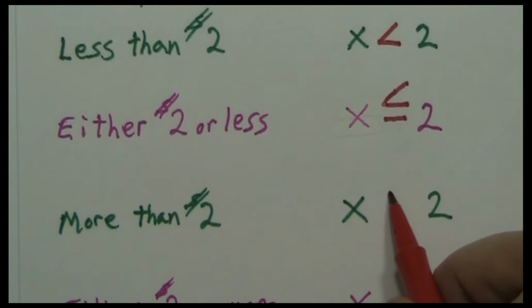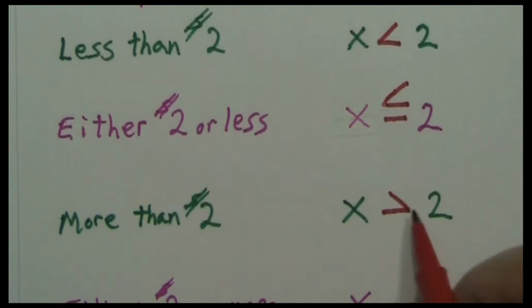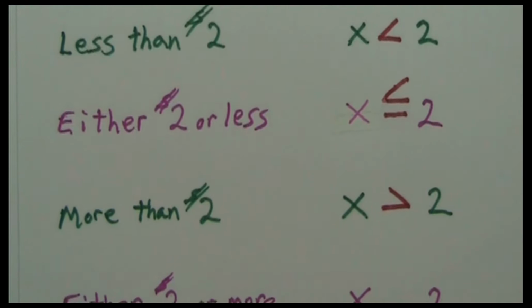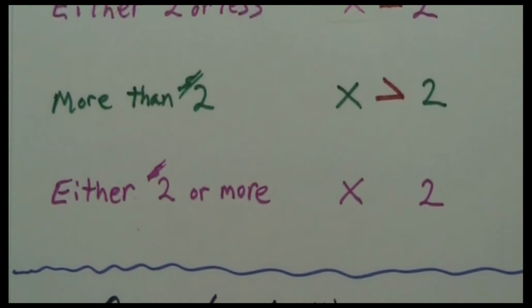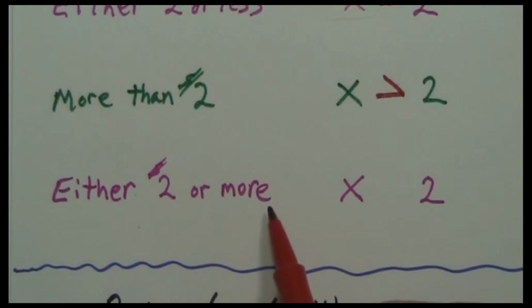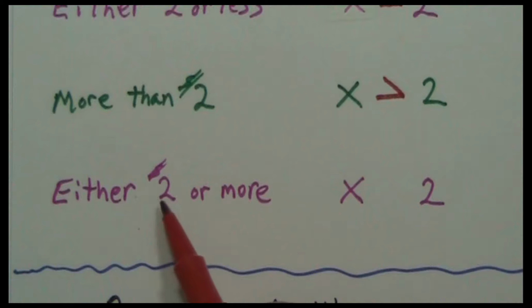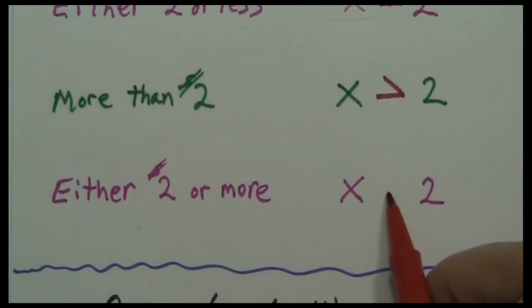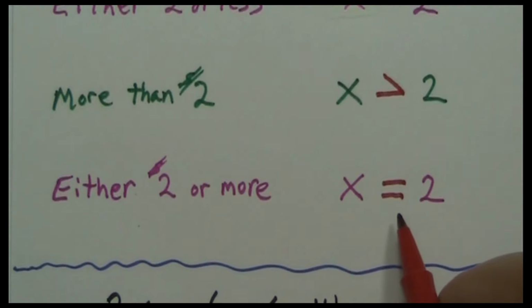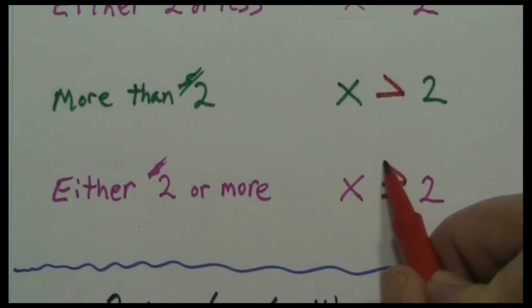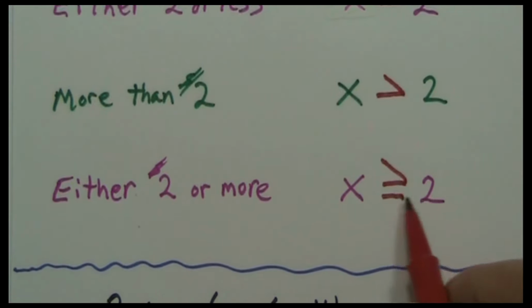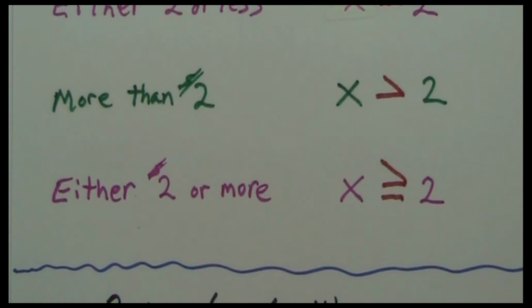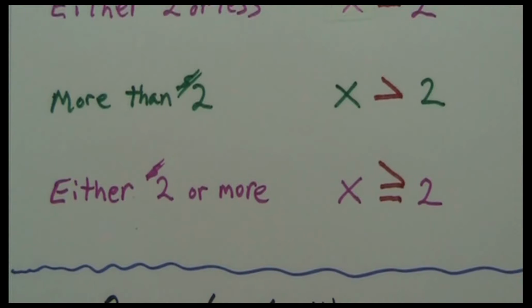Well, more than is this symbol. Greater than, more than. And the last one, either $2 or more, that means it could be equal to $2, but it could also be more. See that? That's the more than symbol. So more than or equal to 2. And that's how we would write those.